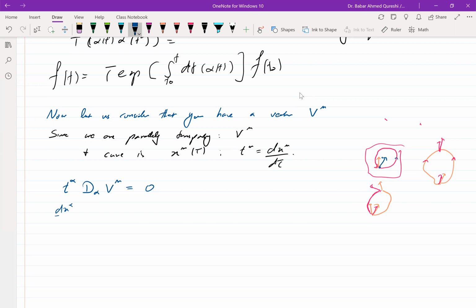So dx alpha over d tau, d by dx alpha v mu plus these terms is 0.